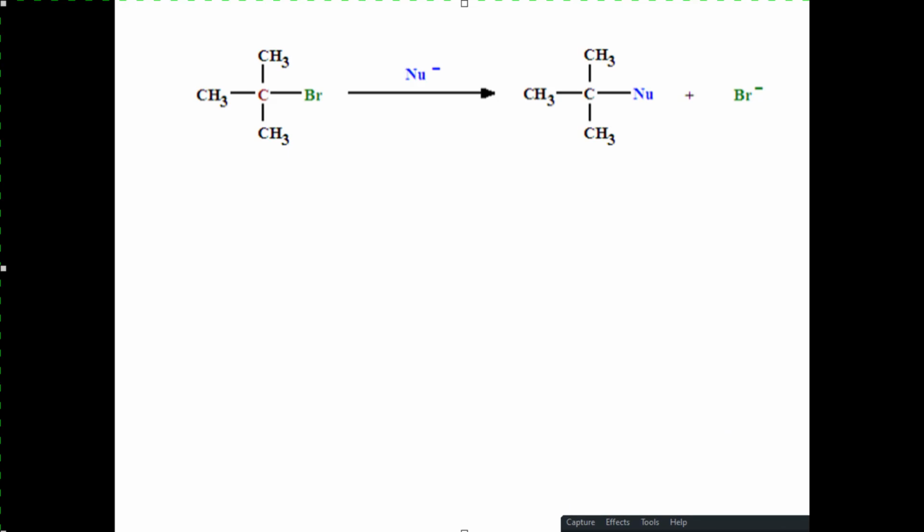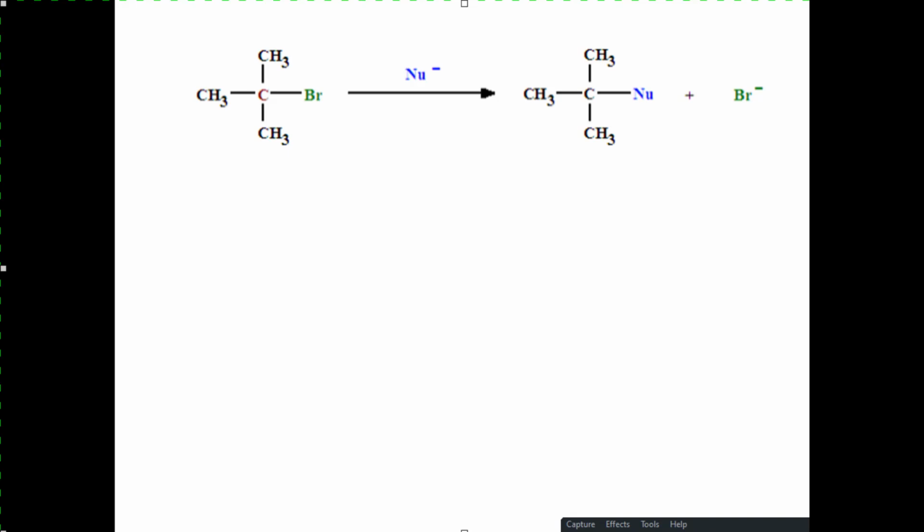Okay, so now that we've talked about SN2 reactions, let's talk a little bit about the other possibility. What we said with SN2 reactions was that tertiary halides, like the one shown here, tertiary butyl bromide, do not undergo SN2.